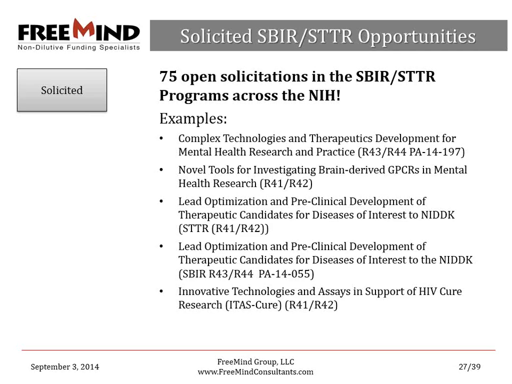The NIDDK, National Institute of Diabetes, Digestive and Kidney Disease, has a solicitation, Lead Optimization and Preclinical Development of Therapeutic Candidates for Diseases of Interest to the NIDDK. Now notice listed here twice, one of them is for an SBIR and one is for an STTR.